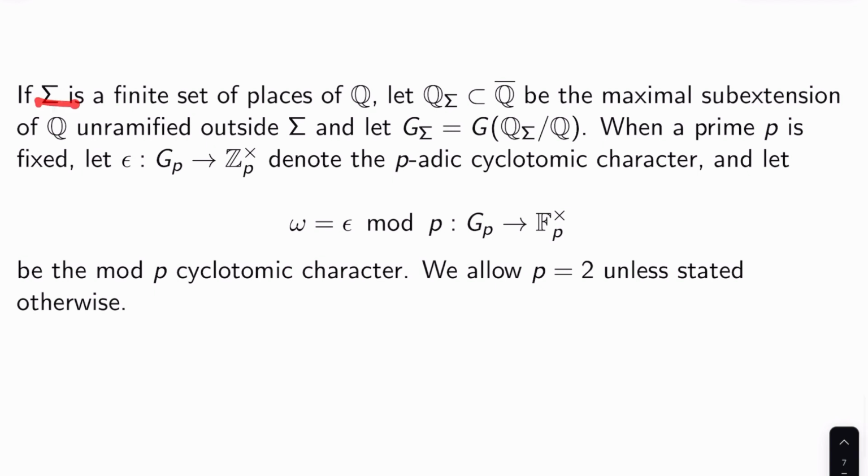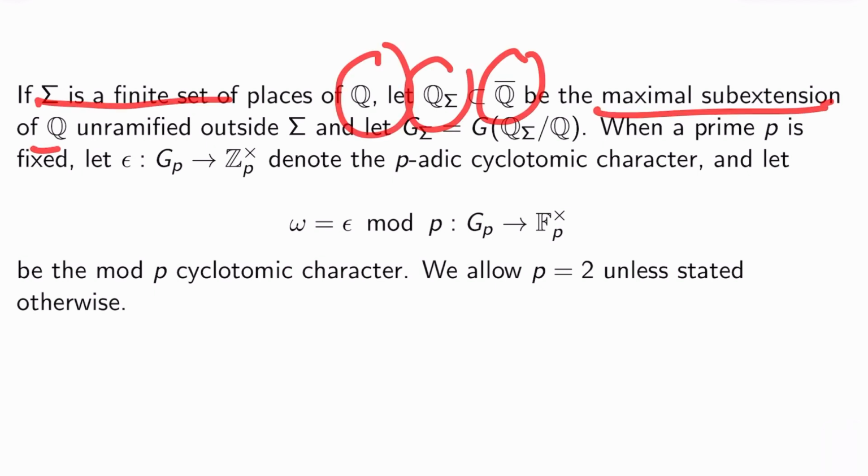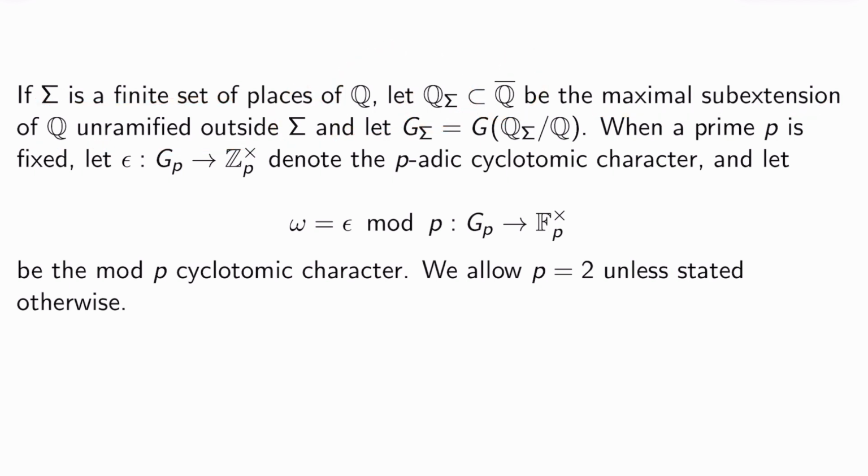If Sigma is a finite set of places of Q, we'll let Q_Sigma be the maximal subextension of Q-bar unramified outside Sigma, and we'll let G_Sigma be the Galois group of Q_Sigma over Q. When a prime p is fixed, we'll let epsilon from G_p to Z_p^x denote the p-adic cyclotomic character, and we'll let omega be epsilon mod p. So this will just be the mod p cyclotomic character from G_p to F_p^x. We will be allowing p equals 2 in this chapter unless we state otherwise. That's important to keep in mind.